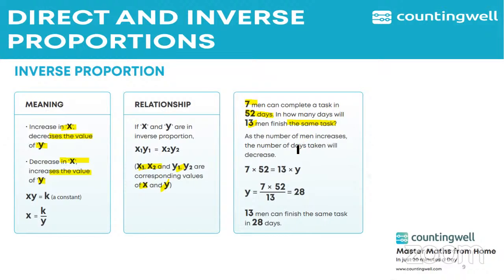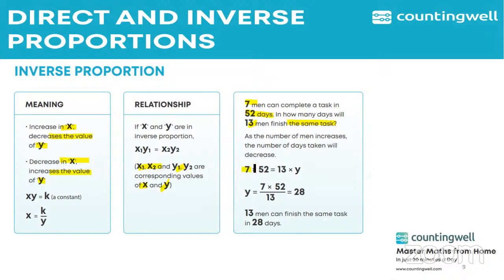More men to work, then less number of days taken for the task to get finished, correct? So the quantities are in inverse proportion. So the more the number of men to complete the task, the fewer days will be required to finish the same task.